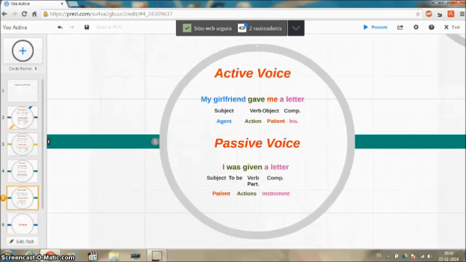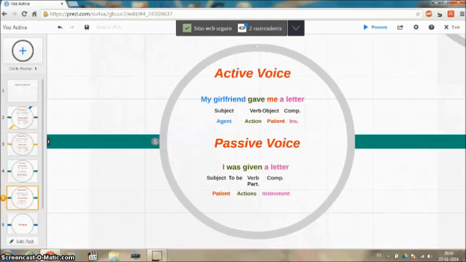In the syntax, a letter is a complement. When we turn it into passive voice, it could be: I was given a letter. I don't care if my girlfriend gave me a letter. I just was given a letter. So: I was given a letter.